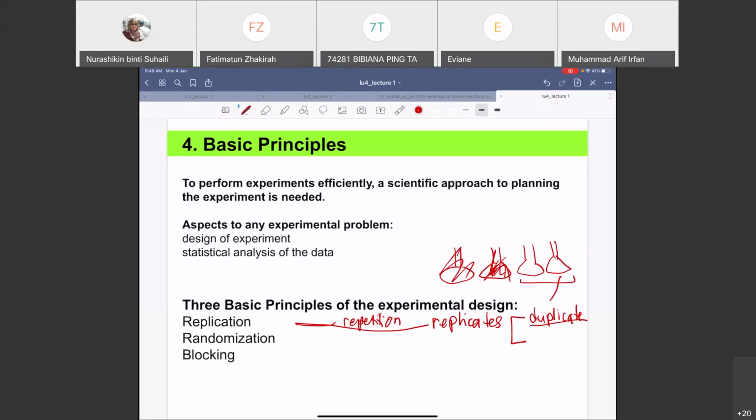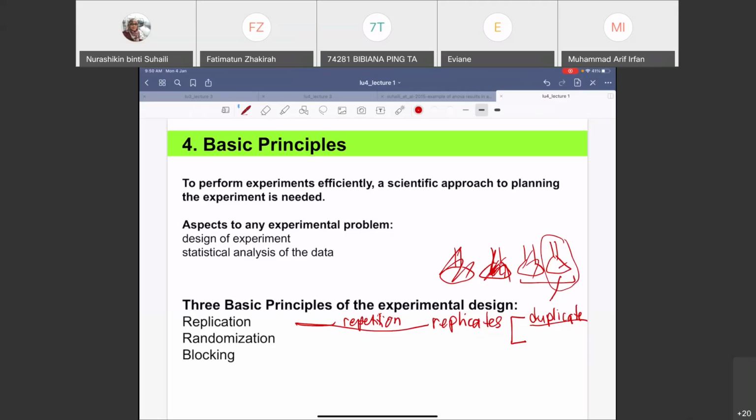Much safer you will be, because if you have duplicates and one is not working or contaminated or can't be used, you only have one, and of course you cannot represent your data with only one experiment, and you have to do things all over again.